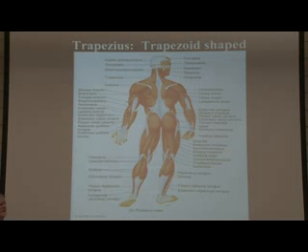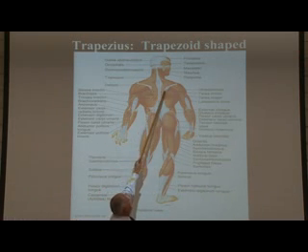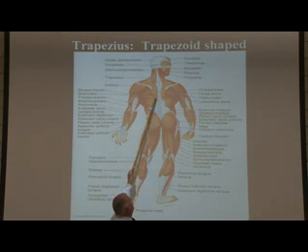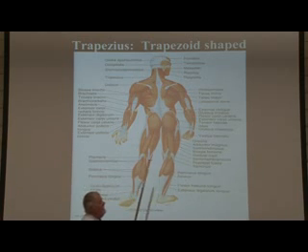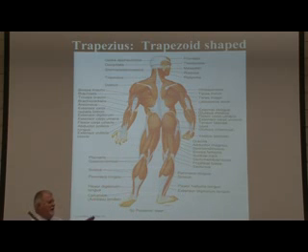The trapezius, as I said, looks trapezoid if you look at both sides. The trapezius is this muscle and this muscle on left and right, so you put them together and it looks like a trapezoid. Again, it's a muscle that has different origins from different points.